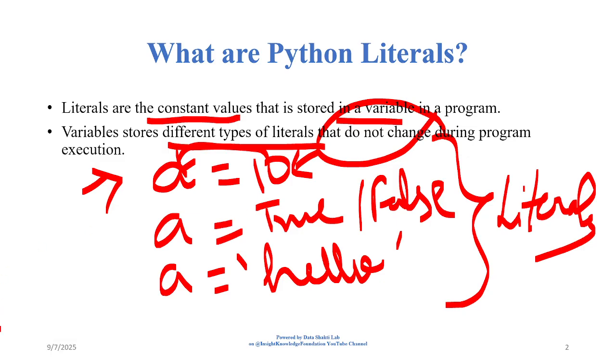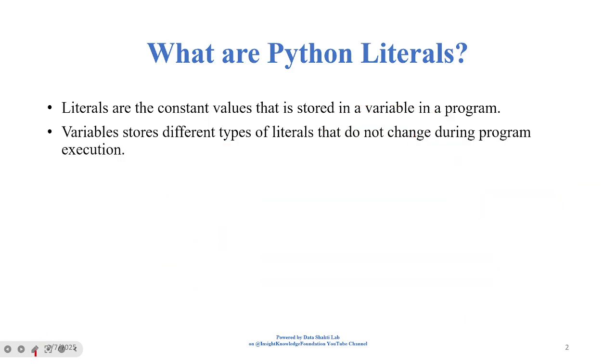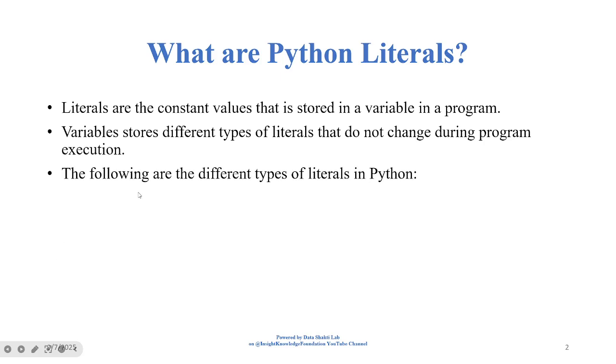Now, let's learn the different types of literals present in Python programming. Python supports different types of literals. The first type is numeric literals. It includes integers, floats, and complex numbers.